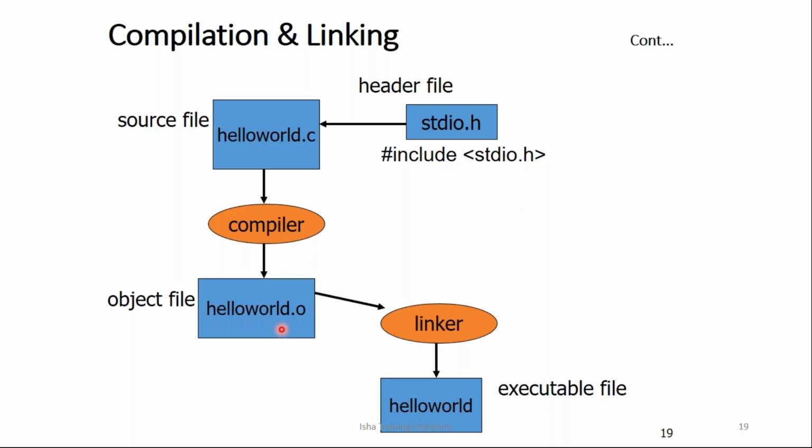The compiler creates an object file to make the system understand what you have written, in system language. Next, the linker will add some other extra things which are missing in the program typed by the user, and it will make it meaningful, create the executable file and display the content on the screen. Is it clear? This is the general flow of a C program.